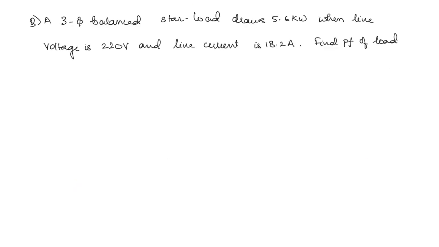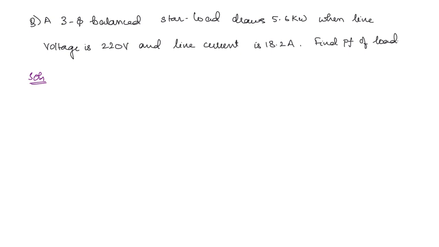Next question: a 3-phase balanced star load draws 5.6 kilowatts when the line voltage is 220 volts and the line current is 18.2 amperes. Find the power factor of the load. This is a very direct question. What information is given? The 3-phase load draws 5.6 kilowatts.